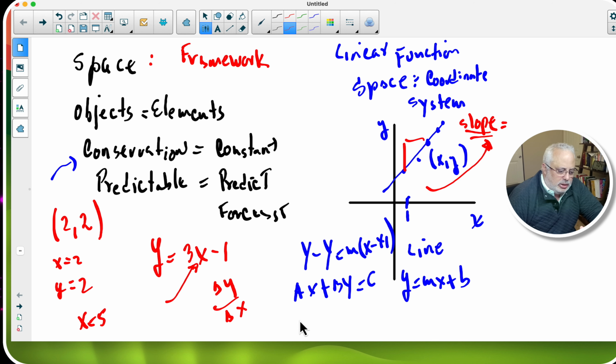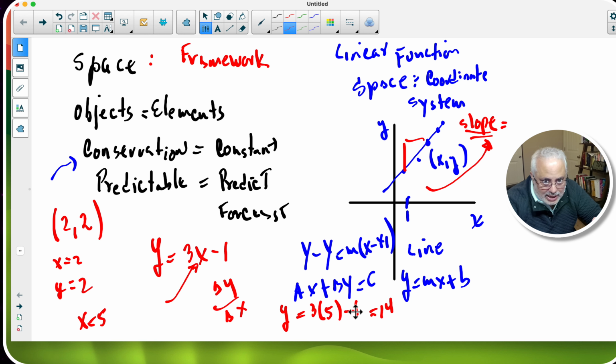If I put y equals 3 times 5 minus 1, I can predict the output. 3 times 5 is 15, 15 minus 1 is 14. So I can predict the output. Predictable. We can forecast before the action. And all of that happens within the space, within the framework, within the coordinate system in this particular case.